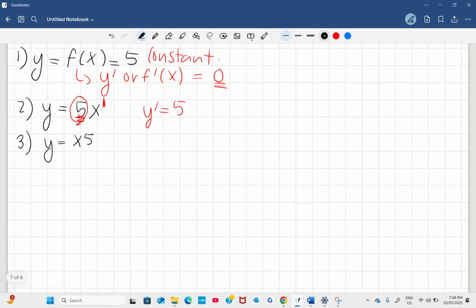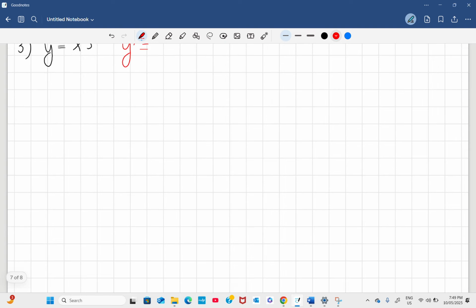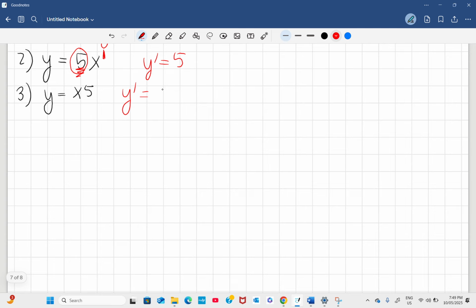Okay, let's take my third case to be y is equal to x to the power of 5. Now, whenever I have x to the power of something that's not 1, I have two steps. First, y prime is equal to the power, which is 5, multiplied by the coefficient, which is in this case 1, so 5 times 1, x to the power of, my second step, power minus 1, so 5 minus 1.